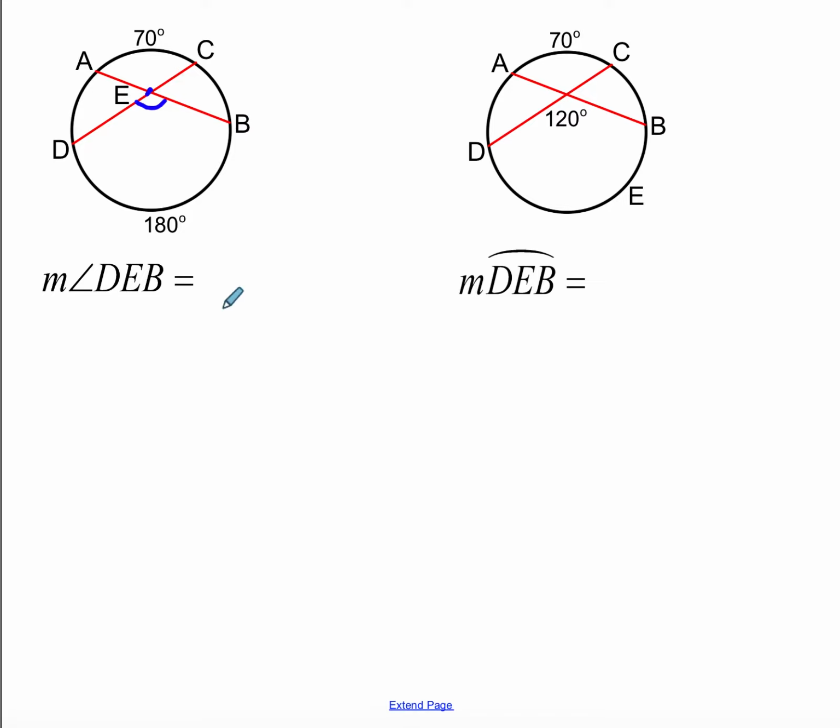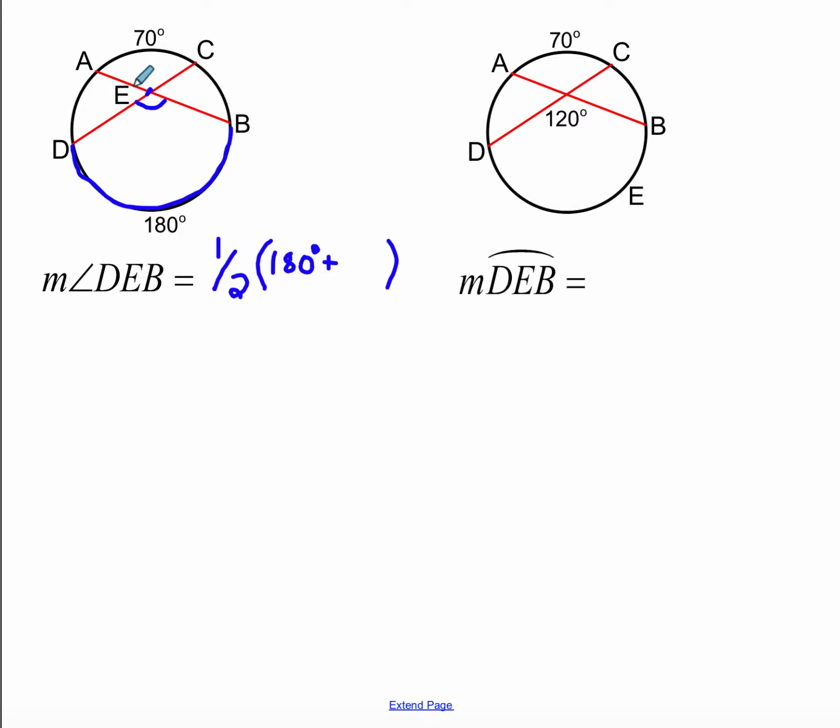We don't know what it is, but since we have two chords intersecting in the interior of a circle, we do know that the measure of angle DEB will be 1/2 times the sum of its intercepted arc, which clearly is 180, and the arc intercepted by its vertical angle.